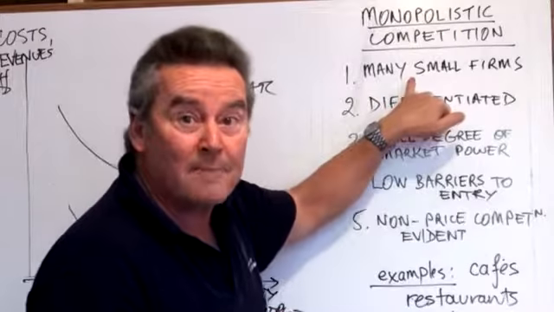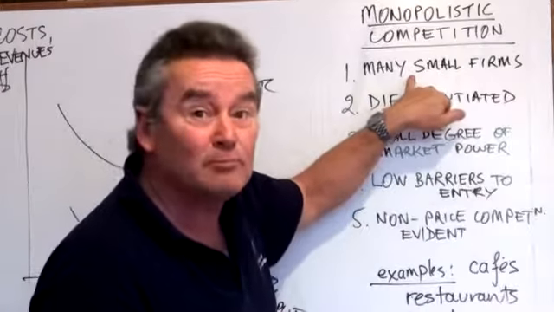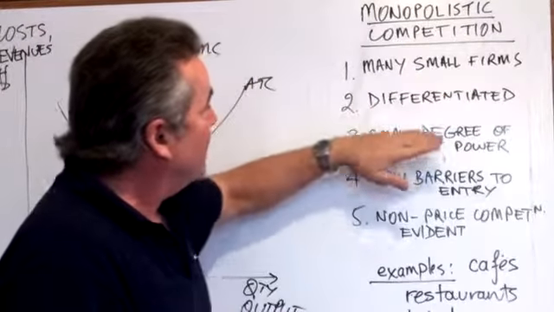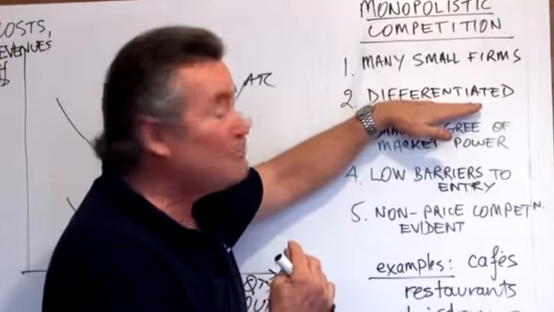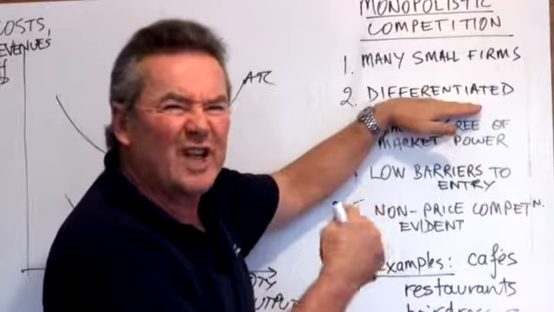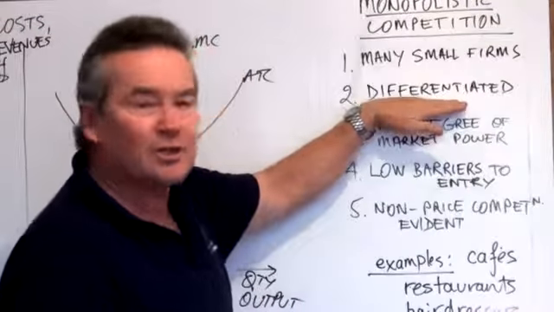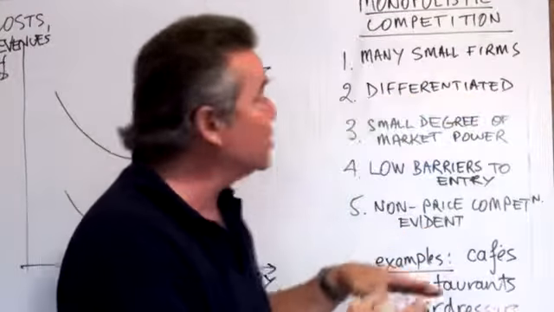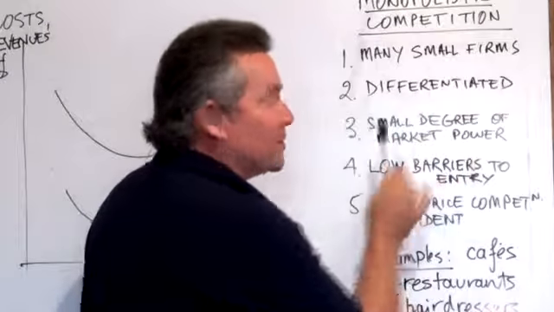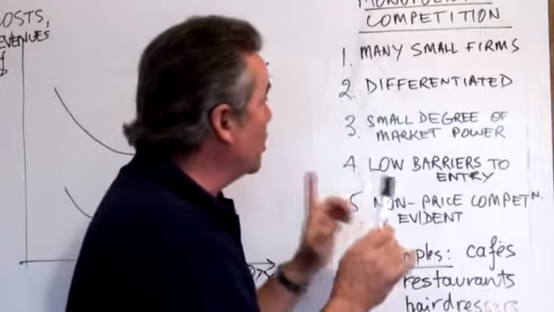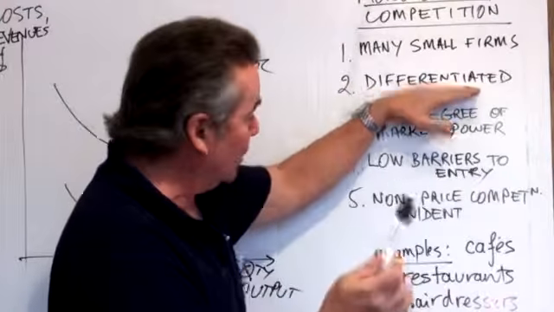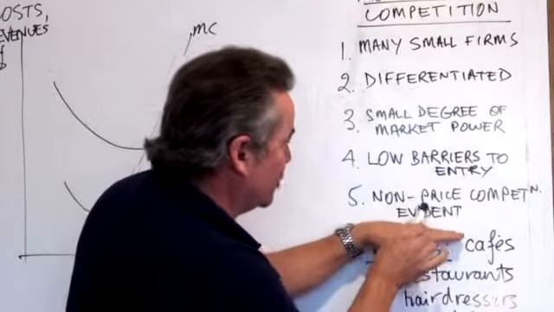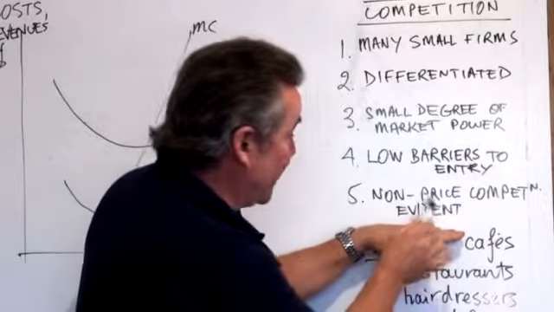We're still talking about many relatively small firms. Now here, big difference between this and pure competition where we use the word identical or homogeneous. Products and services here are differentiated, so businesses and firms go to great lengths to try and make their product and services appear different. So we jump down here, for example, to non-price competition being evident.